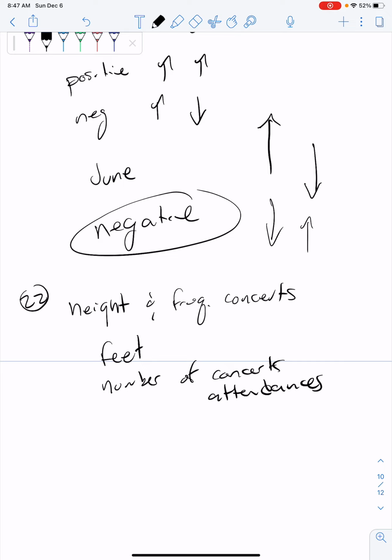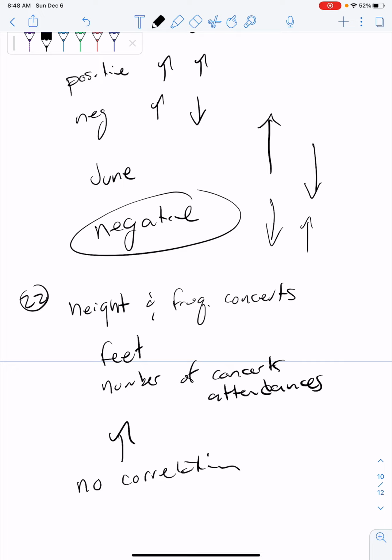Okay. And are they correlated? Or in other words, as you get taller, do you go to more concerts or less concerts, or does that have nothing to do with how tall you are? I would say that there's definitely no correlation.